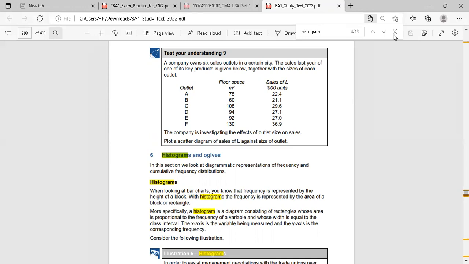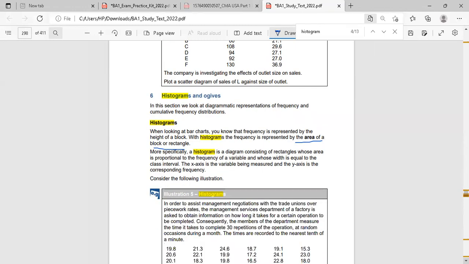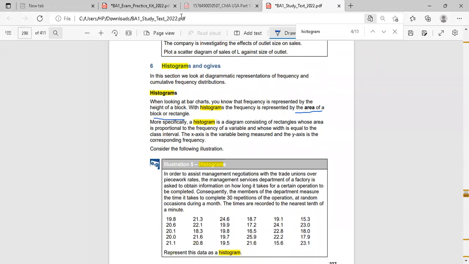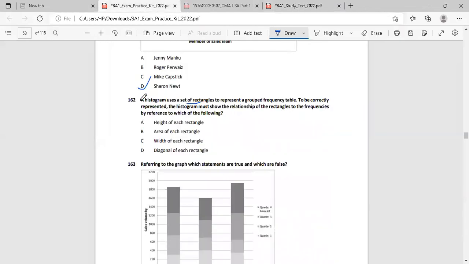It says it's represented by the area of a block or rectangle. So otherwise we generally go with the height. Only counting the height part of it. But the explanation given in the study text says that it should be according to the area. So we go with area of each rectangle.